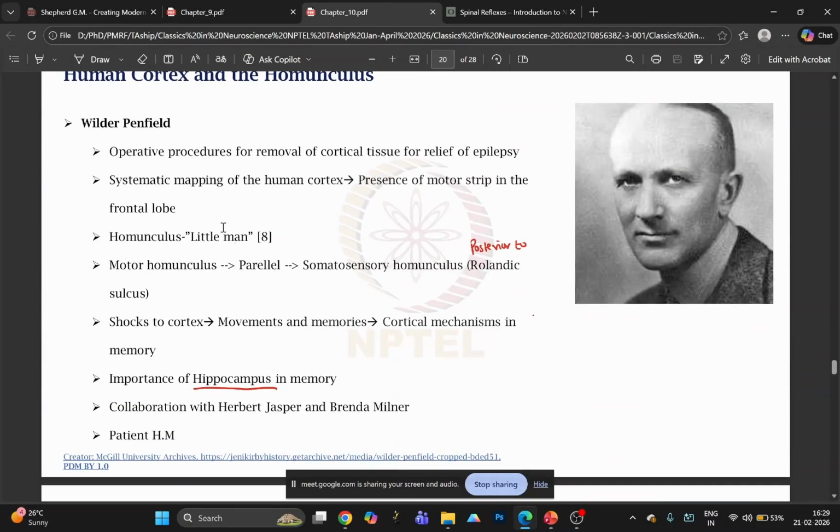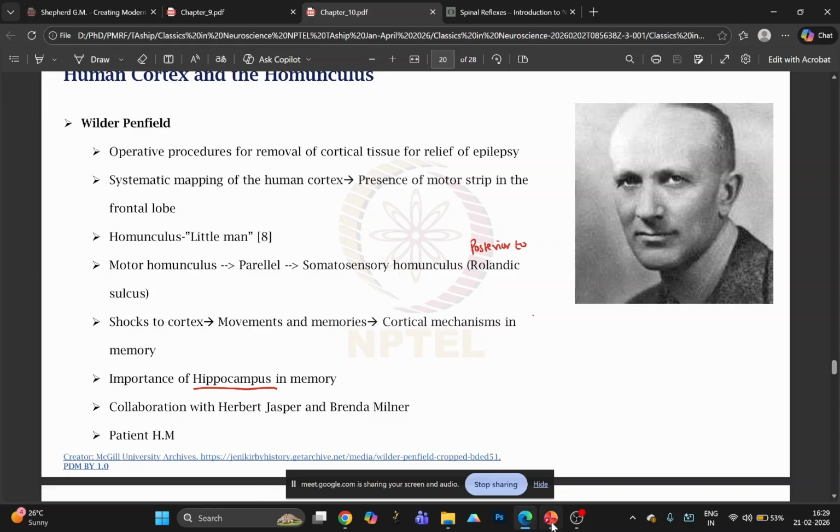While he was carrying out a systematic mapping of the human cortex, he saw that there are motor strips present in the frontal lobe, and from that he came up with what he termed the homunculus, or the motor homunculus.